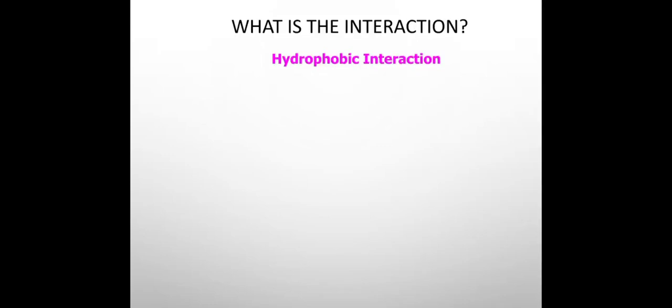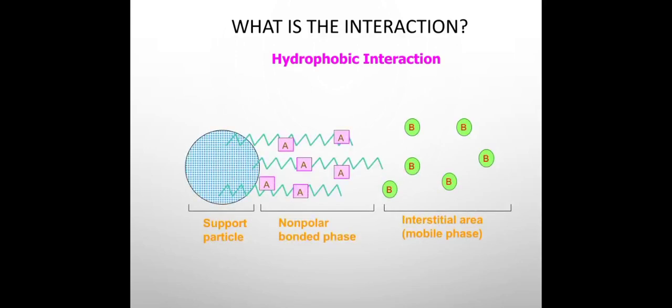So what is the interaction? There are different types of interaction that take place between the analyte and the stationary phase. The first interaction is the hydrophobic interaction. Here the support particle is there, then the non-polar bonded phase is there.